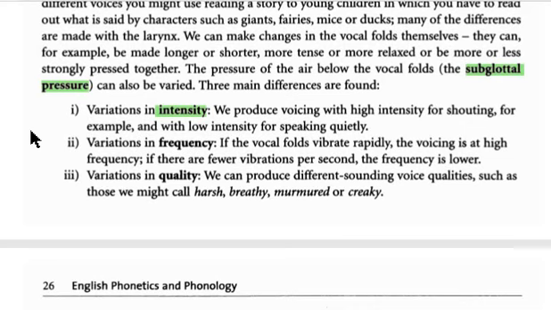So there is high intensity when you are shouting, and low intensity when you are speaking quietly.